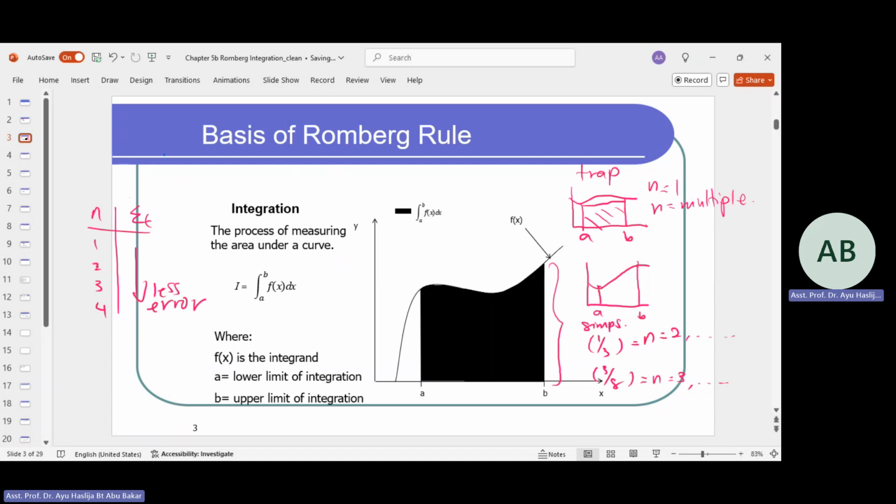The more segments, the less the error. We went vertically, trapezoid and Simpson last time. But now, in Romberg, the concept is it goes horizontally.